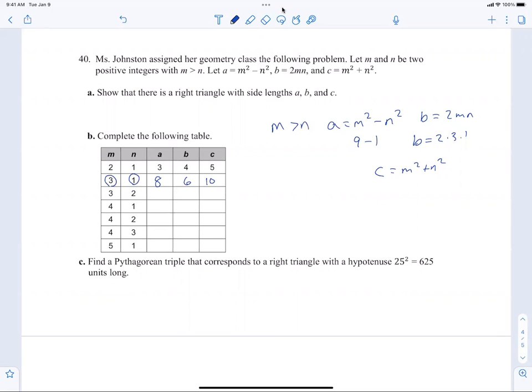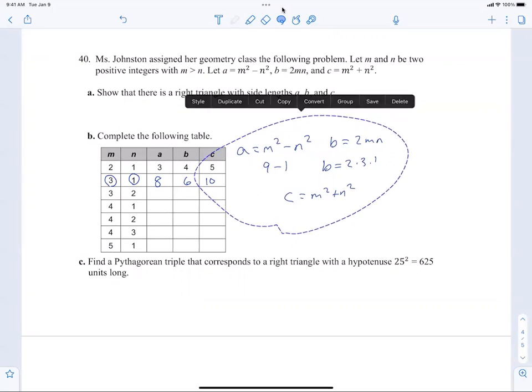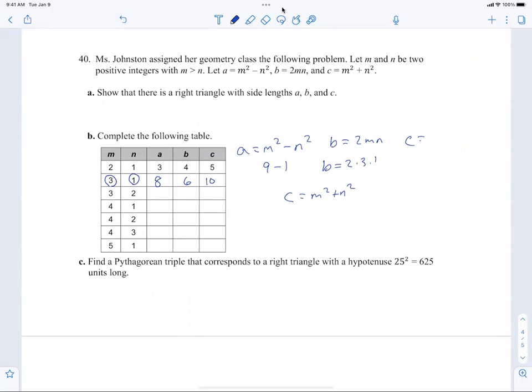You with me? So now what I want to do is show you what they meant by A. And then C is equal to M squared plus N squared. So let's just do 3 and 2 now. All right. So A is 3 squared minus 2 squared, so that's 5, right?